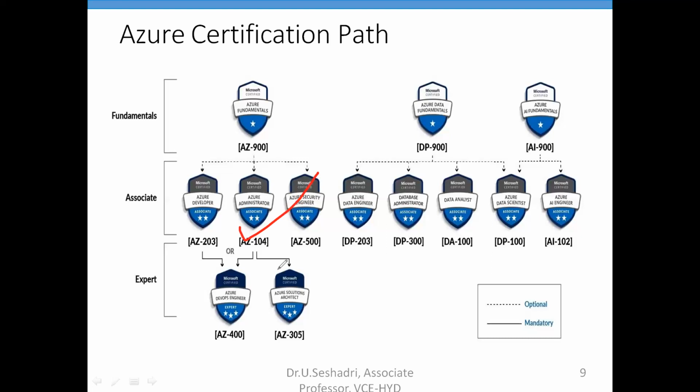For that, you have to pay the amount for the certification. You will see the website. Accordingly, we have to pay on the Azure portal only, right? This is the Azure certification path I'm representing. In this training, I have to cover AZ 104.